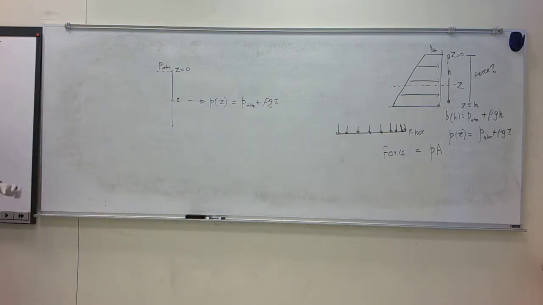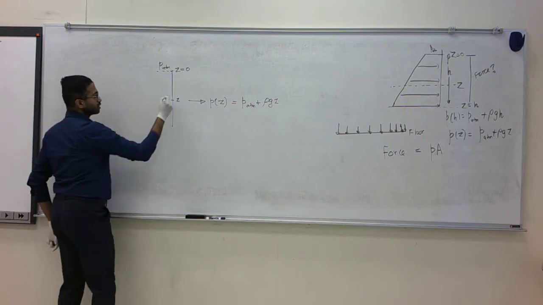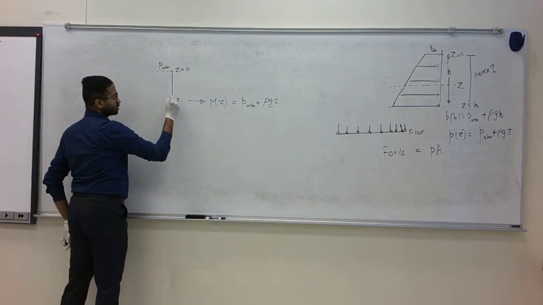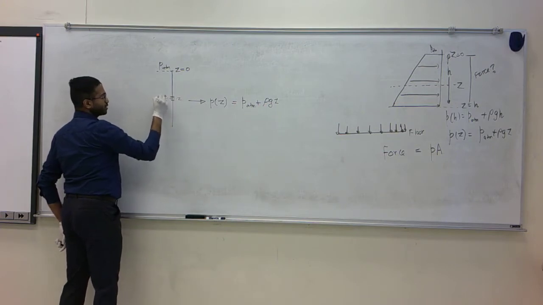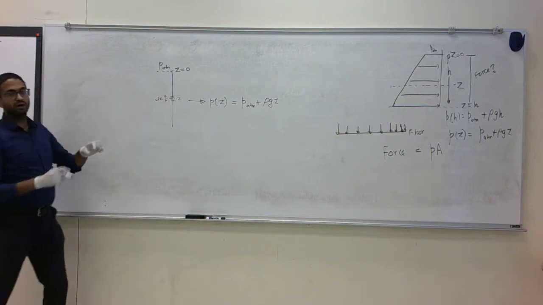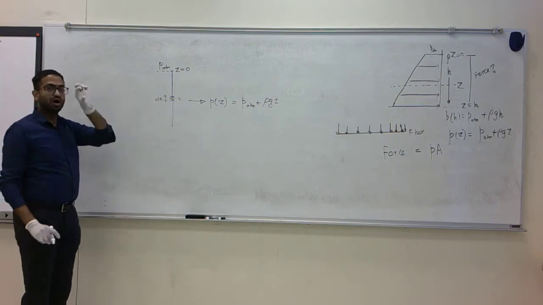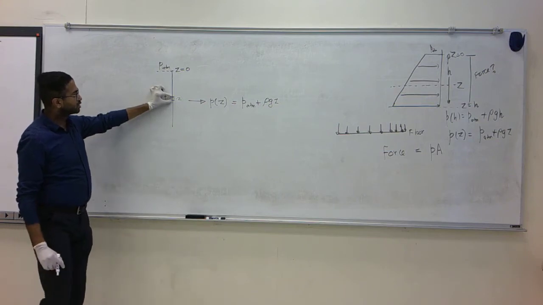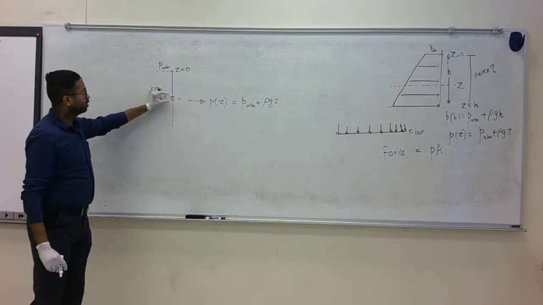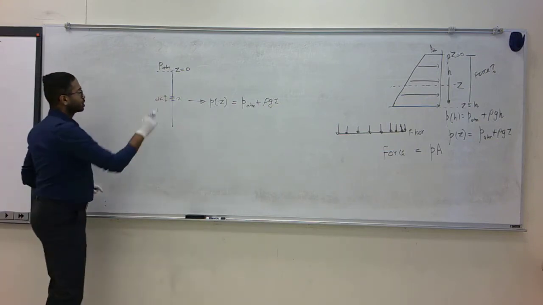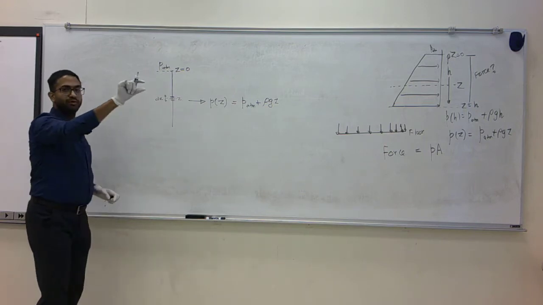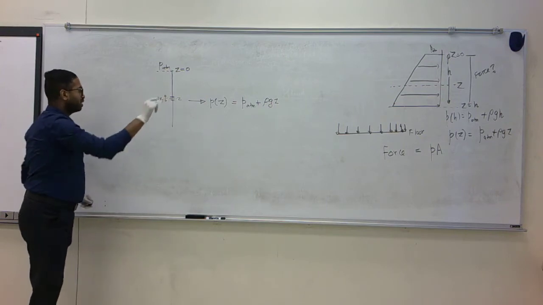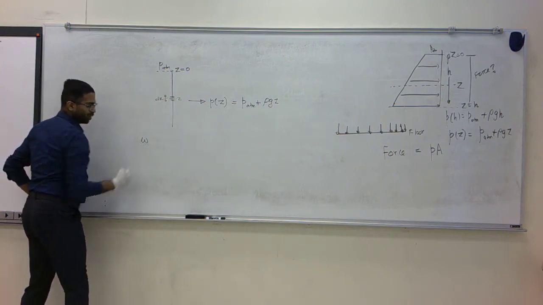I am trying to calculate the force on an element which is at a height z and whose vertical height is dz. Think of a section of height dz that is stretching outward from the plane of the paper. So this section of height dz and this width perpendicular to the plane, let's say that width is w.